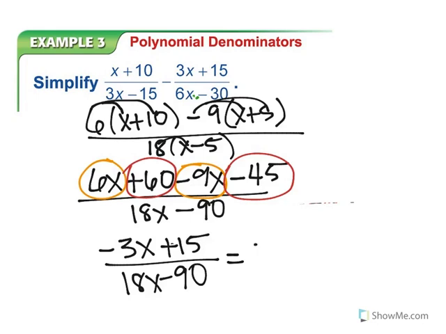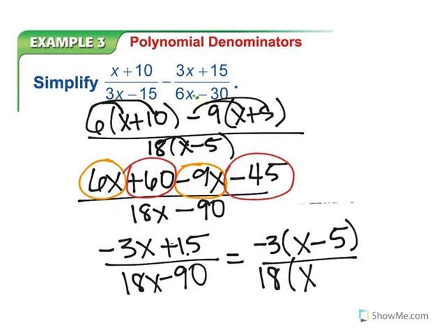On the top, I'm going to factor out a negative 3 because they have a negative 3 in common. So if I have negative 3x divided by negative 3, it's going to leave me with an x. If I have positive 15 divided by negative 3, it's going to give me a negative 5. And in the denominator, I know they both have an 18 in common, so I'm going to factor out an 18.